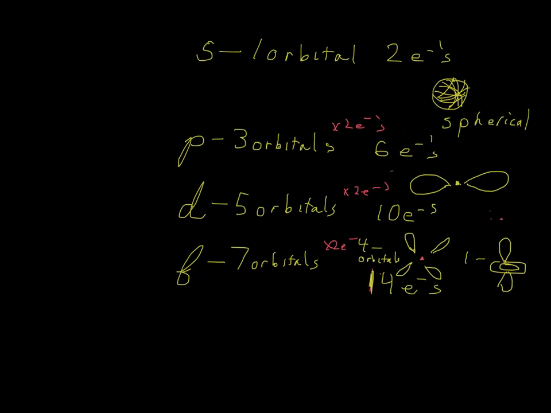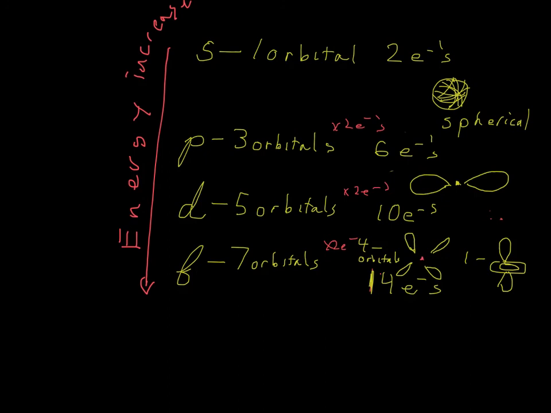So, your subshells tell you shape, and they tell you the number of orbitals in their given region, and they tell you a little bit more about energy, and thus a little bit more about distance from the nucleus. Energy increases going from the s orbital to the f orbital.